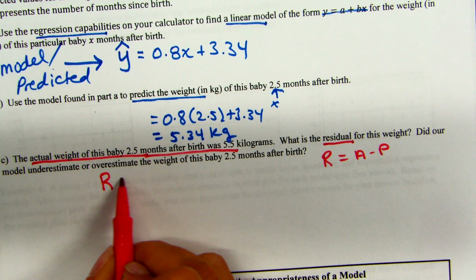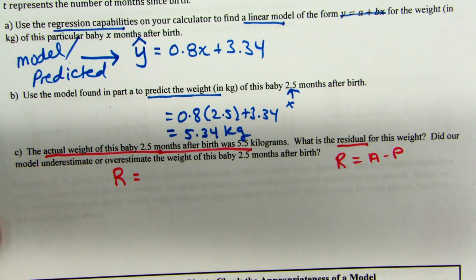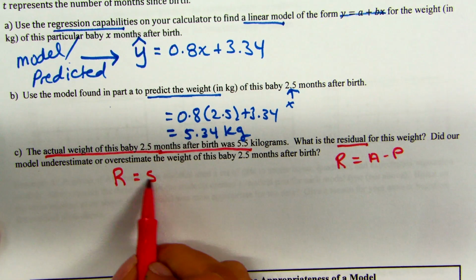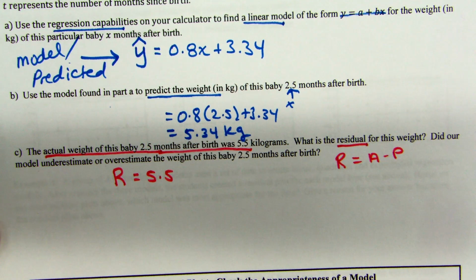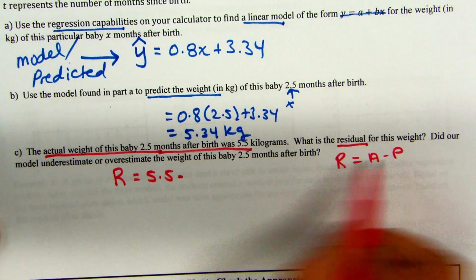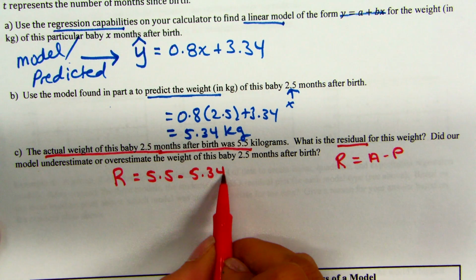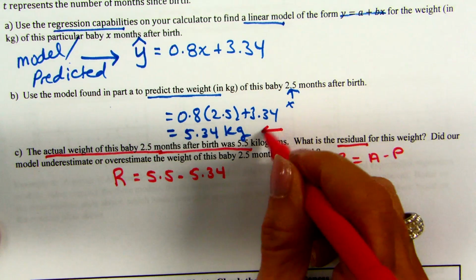A residual, let's just find that now. Mathematicians, you want us to plug into a formula, we can do it like bosses, right? Actual weight would be 5.5. And then predicted would be the 5.34, right? This is the prediction.